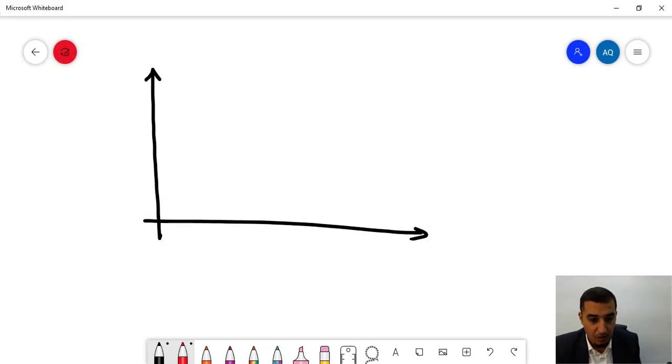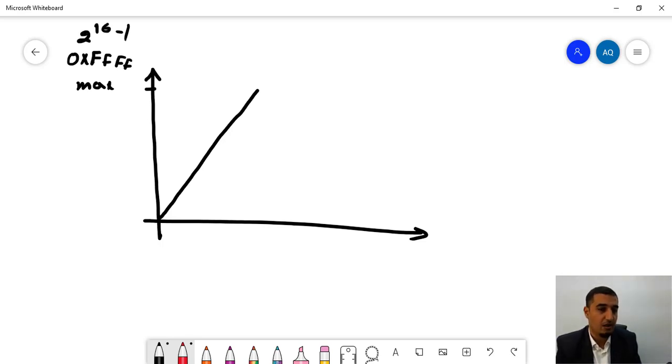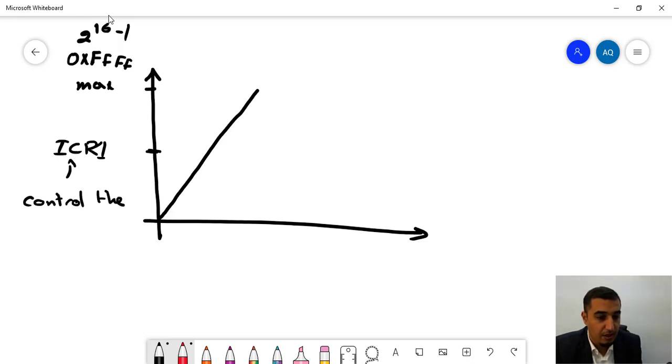My timer counter will count, instead of counting from 0 to max, where max is 0xFFFF or 2 to the power 16 minus 1, up to ICR1. ICR1 will be considered our new max, and it will be used to control the frequency.